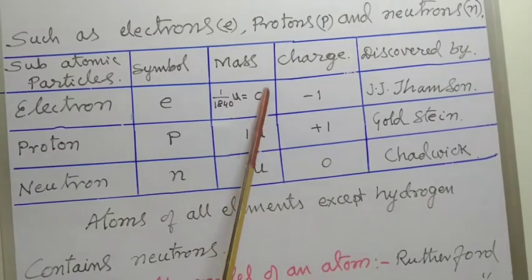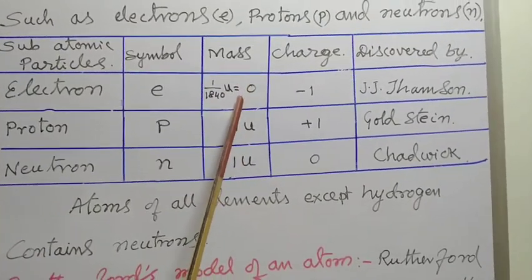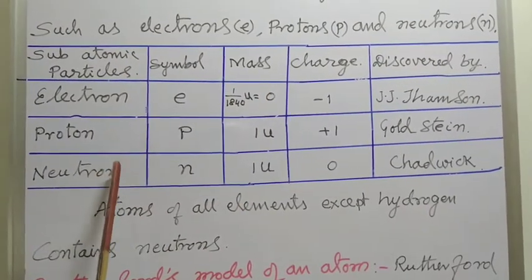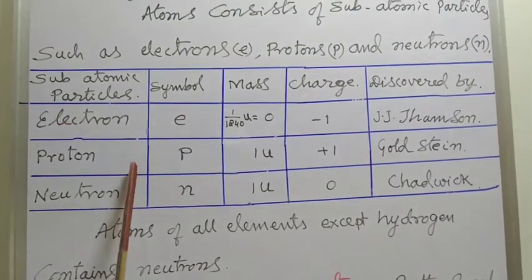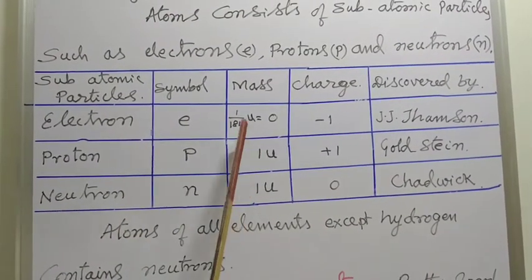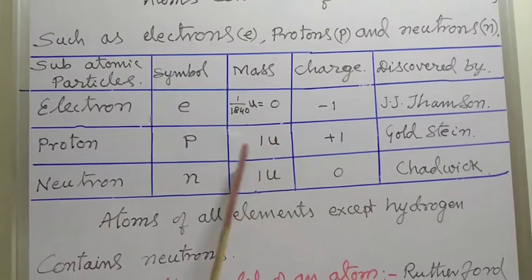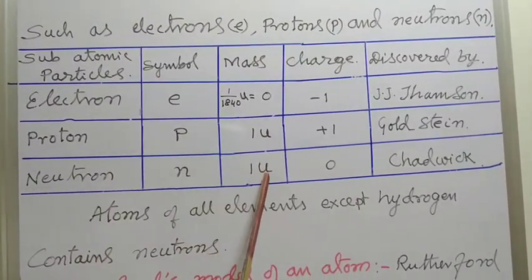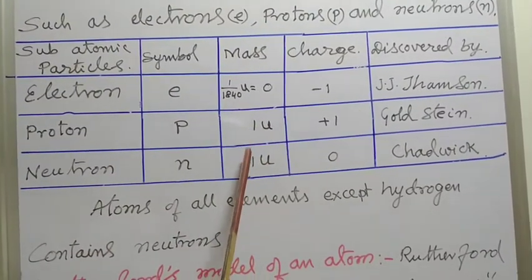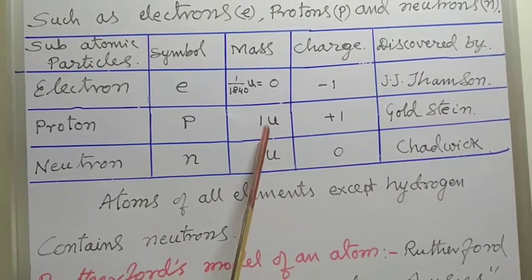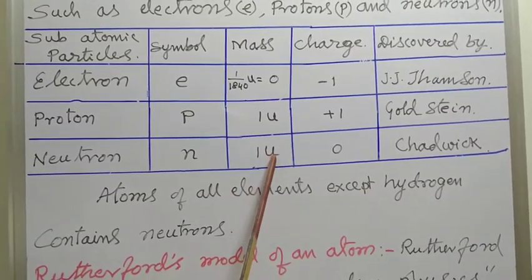It is nothing but 0. But proton and neutrons are nearly equal to 1. Therefore, proton mass is 1 u and neutron mass is 1 u. That means they are represented with units. So 1 u and 1 u.